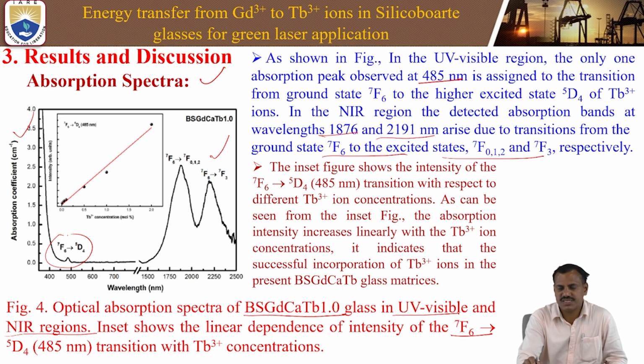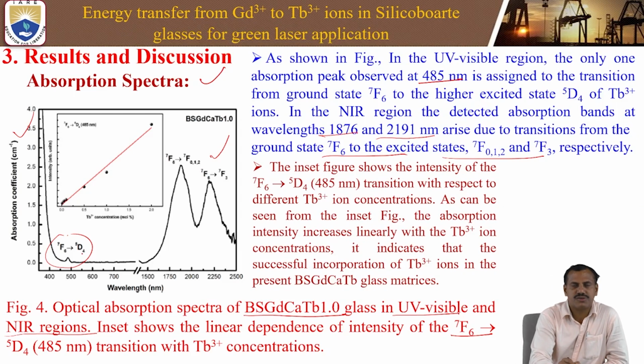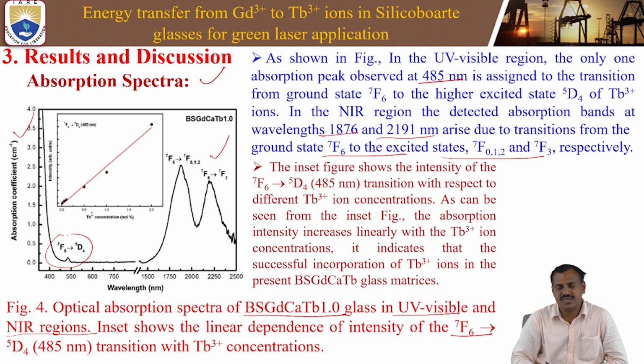The inset figure shows the intensity of the 7F6 to 5D4 transition, that is the 485 nanometer transition, with respect to different ion concentrations. As seen from the figure, the absorption intensity at 485 nanometer increases linearly while increasing the concentration of Tb3+ ions.